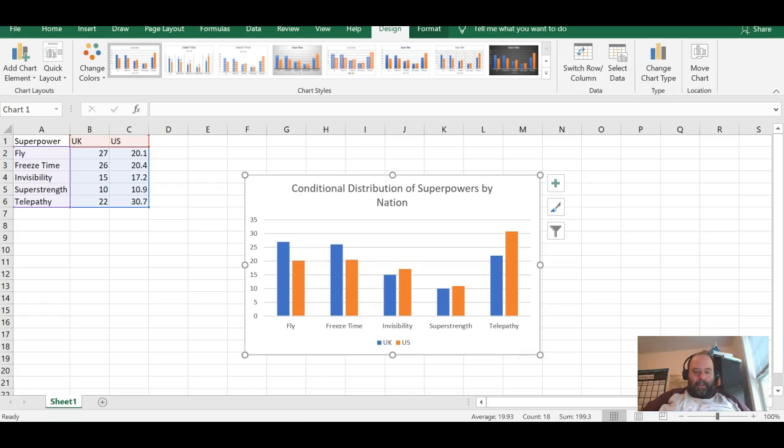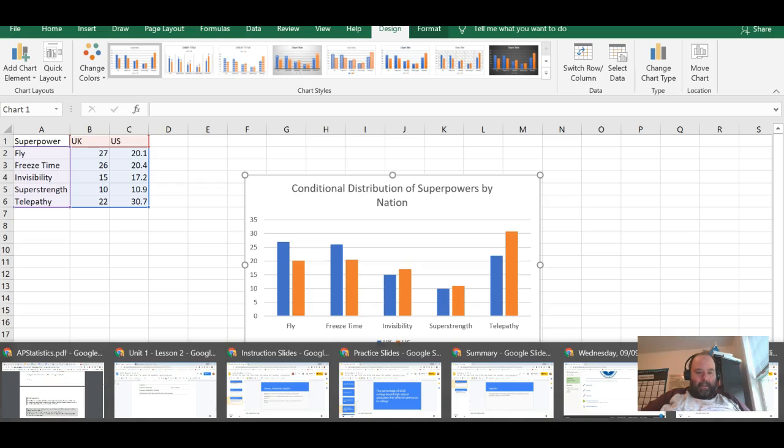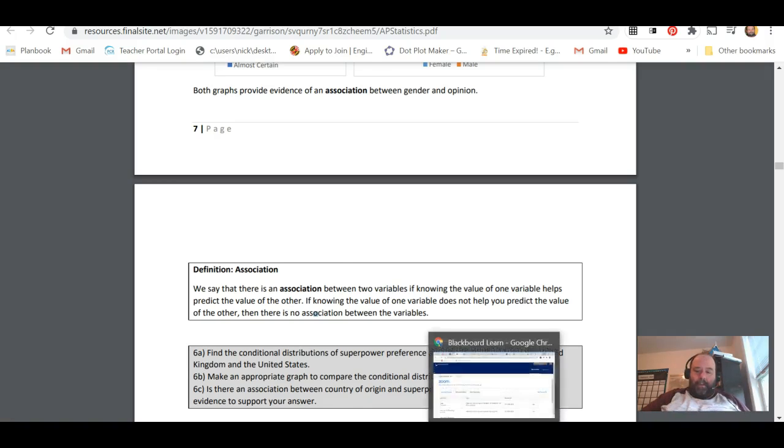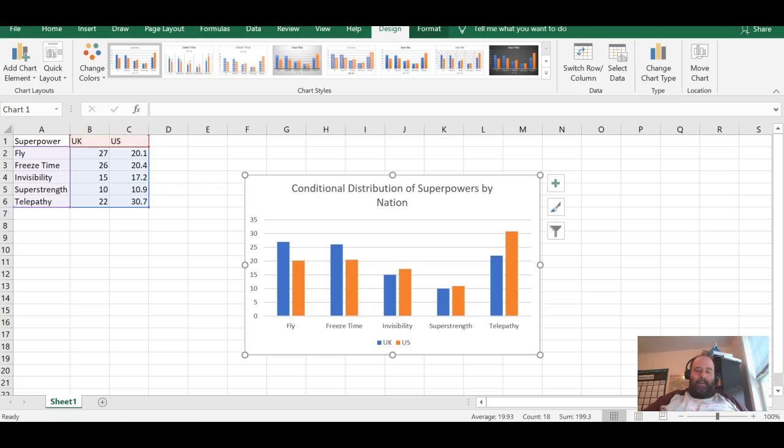Okay, so let's go back to the problem real quick. Pull that up. Find a conditional distribution. So that was my little table there. Make an appropriate graph. We did that. And is there association? Yes, there is. Give evidence to support it. So the two left columns of the table, the ones for flying and freezing, seem to say that those are favored by UK, and the right column, the telepathy column, says that it's favored by US.